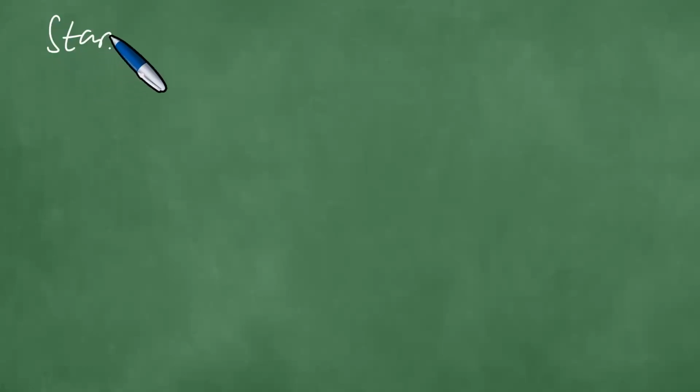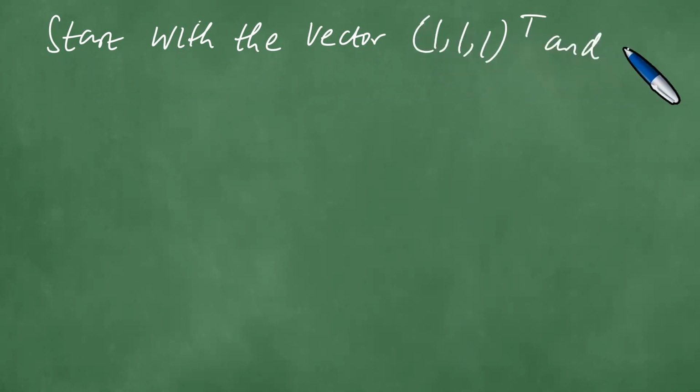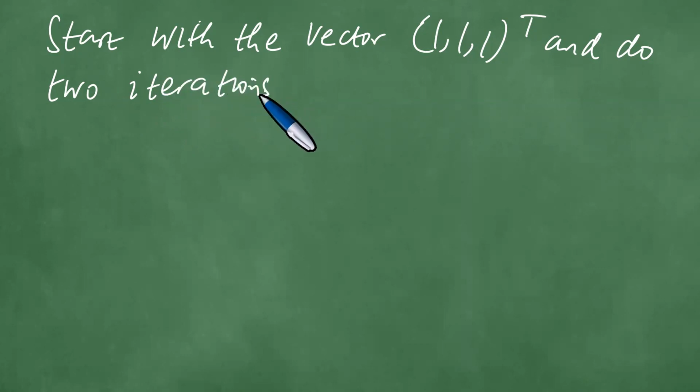Start with a vector one, one, one transpose and do 2 iterations. Okay, this one was there and it was with 12 marks.